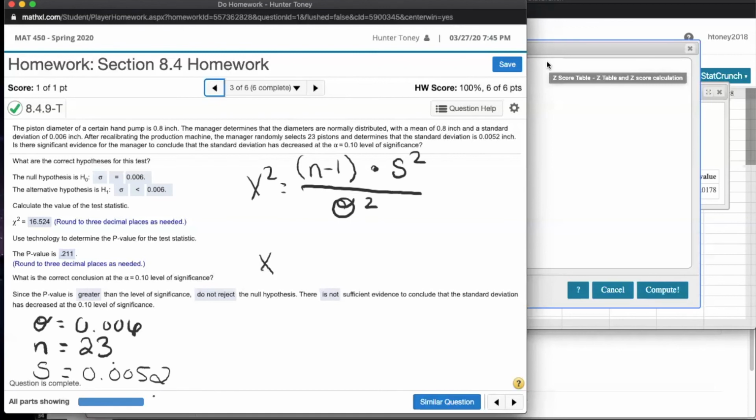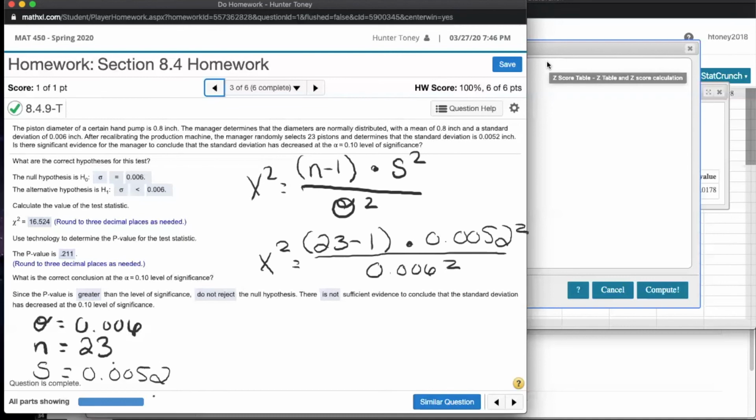So we can just plug in. We know our n is 23, so 23 minus 1 multiplied by our sample standard deviation, 0.0052 squared, over our sigma squared, so 0.006 squared. It's always important to remember your squares because those can drastically change your expressions.